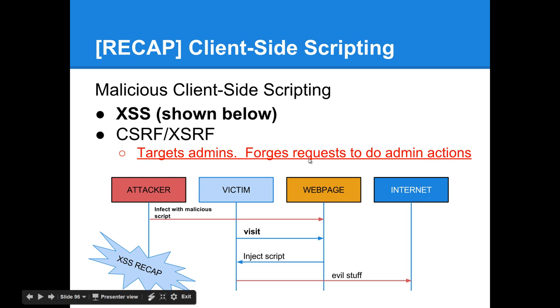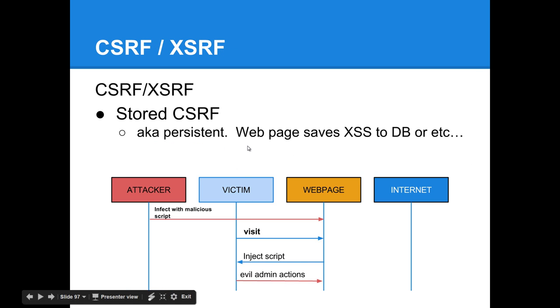So CSRF works like this in that the injected script that's sent to the victim will instead interact directly with the web page to perform some malicious request with that victim's permissions. Now, so stored cross-site request forgery works like this.